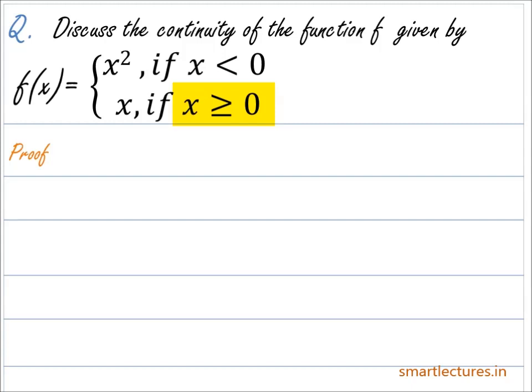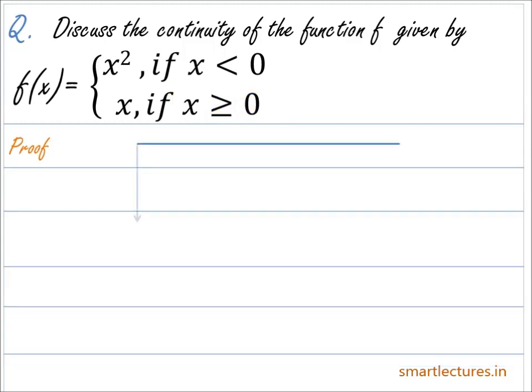Or in other words, you can write the first domain D1 is equal to x, where x belongs to R, such that x is less than 0, and domain D2 is equal to 0, and the third domain D3 is equal to x, where x belongs to a real number such that x is greater than 0.